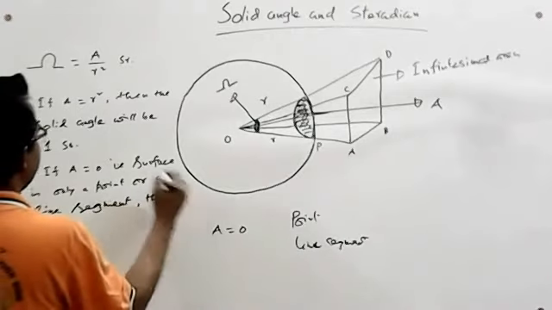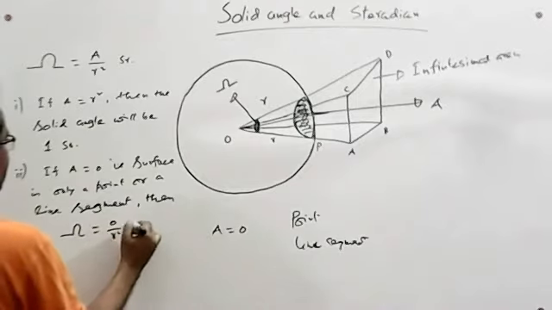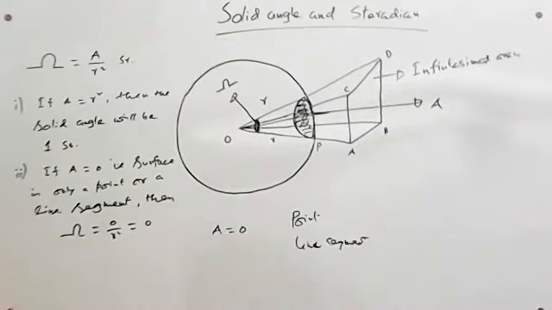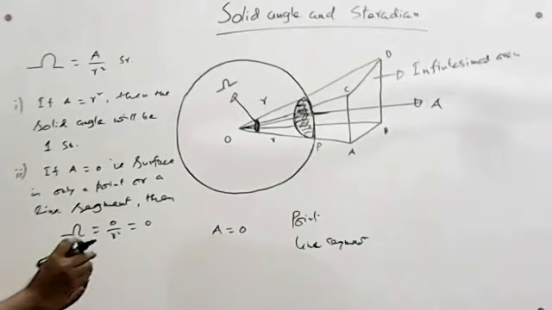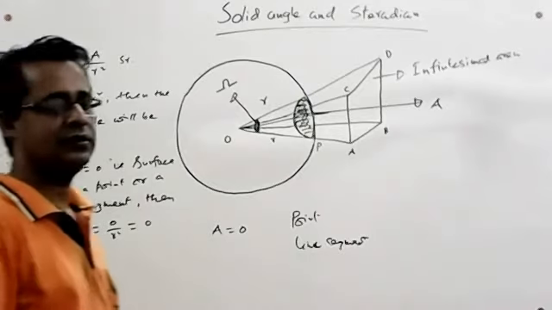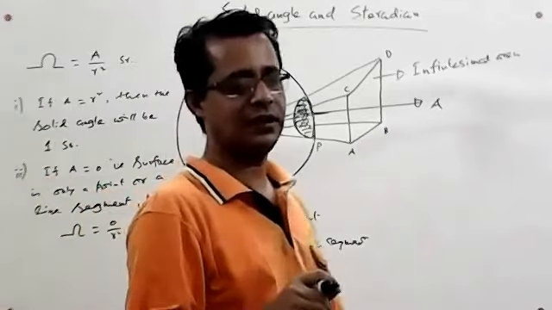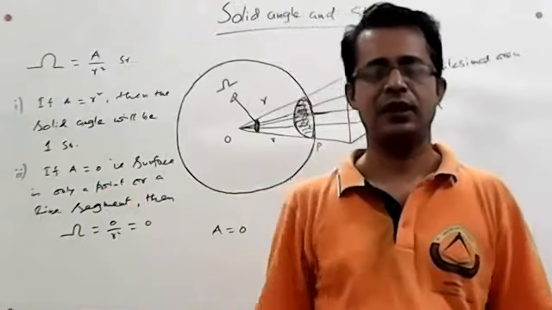then from the definition we will see that omega will be 0 over r square, that is 0. So if a surface does not contain any area, then the solid angle will be 0. And from general knowledge, we can say that a point cannot make an angle with other points.